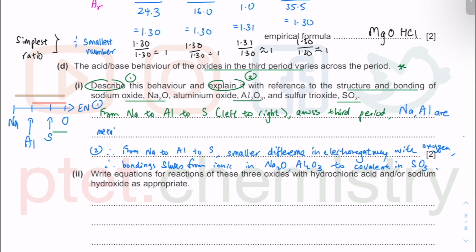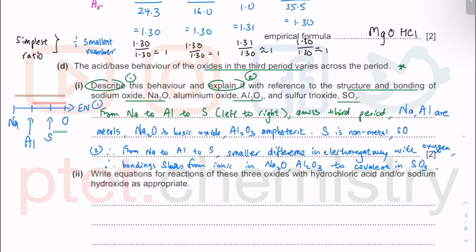Those are metals, well, I know that they are metals. So Na2O is a basic oxide. But then Al2O3 is quite a special one. It is your amphoteric oxide. It will react with both acids and bases. But then what else can I say about sulfur? So sulfur is a non-metal.